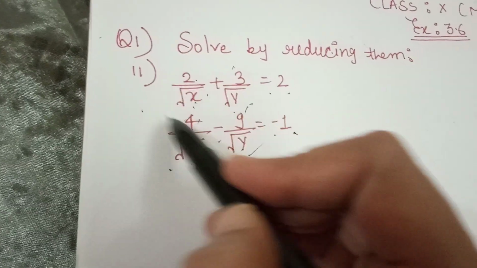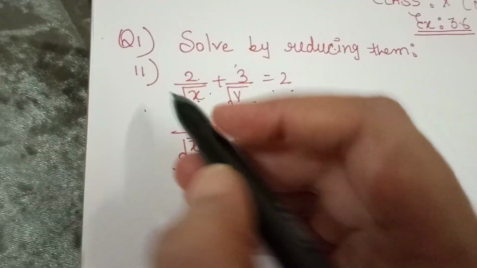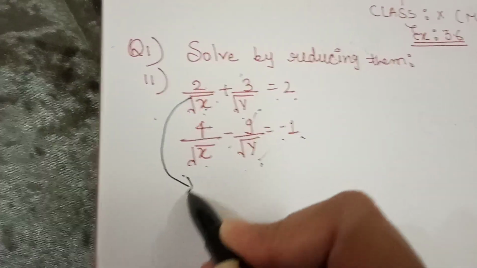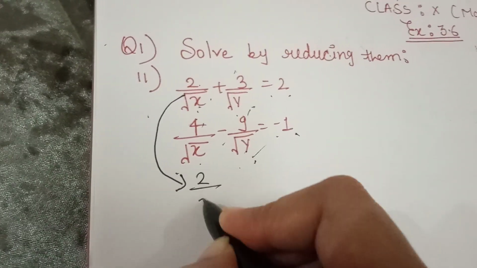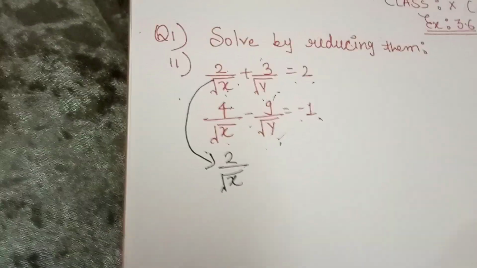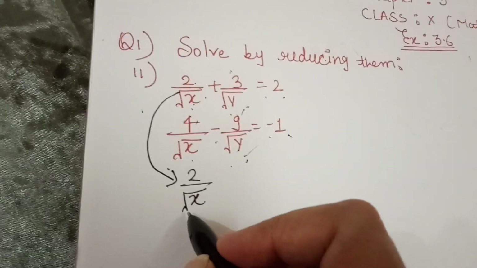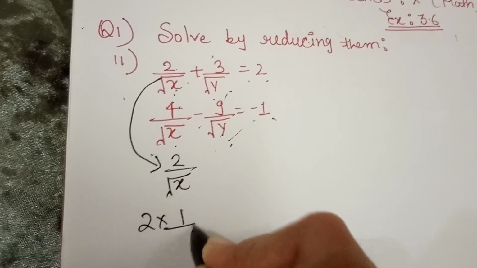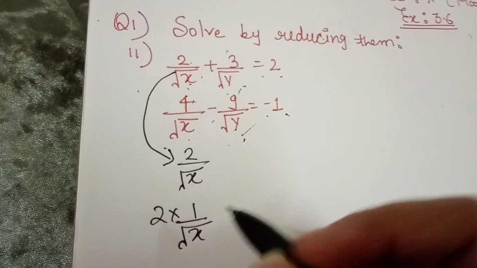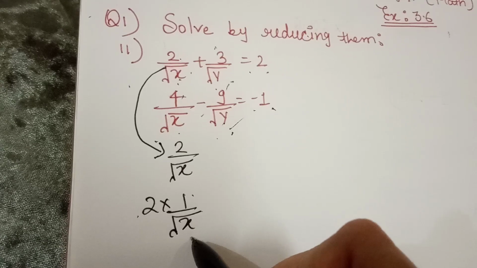First of all, find out the variable in this. Take the first equation. The first equation is 2 upon root x, and 2 upon root x can be written as 2 into 1 upon root x. Yes, 2 is the coefficient of the variable 1 upon root x.